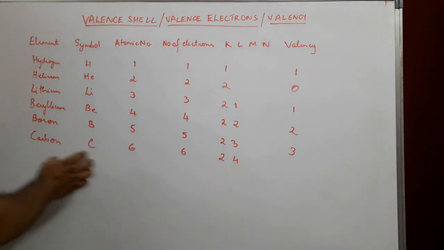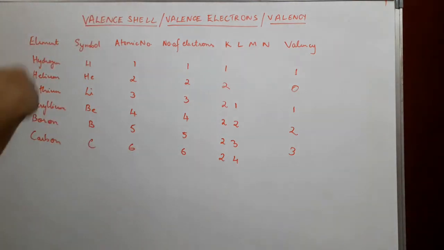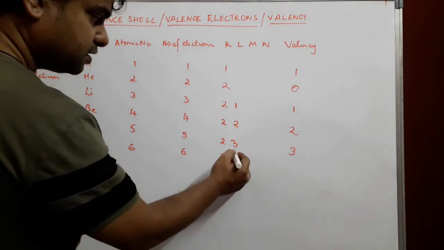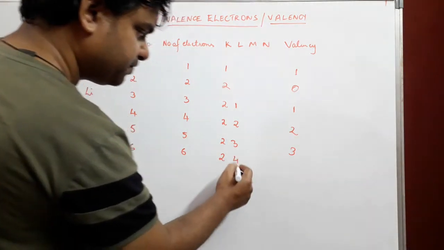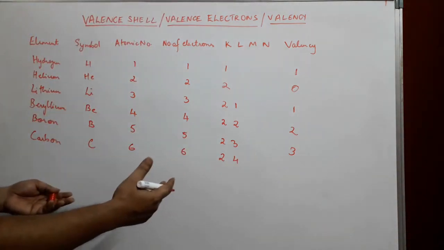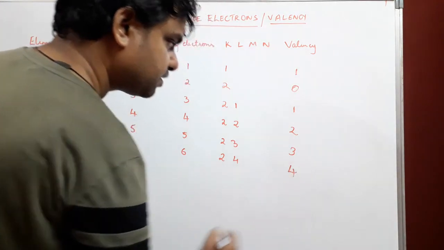So carbon prefers to share these 4 electrons with other atoms who have 4 other electrons to spare or to share. Since it is able to share, we give it a 4. That means it combines with 4 other electrons, hence its valency becomes 4.